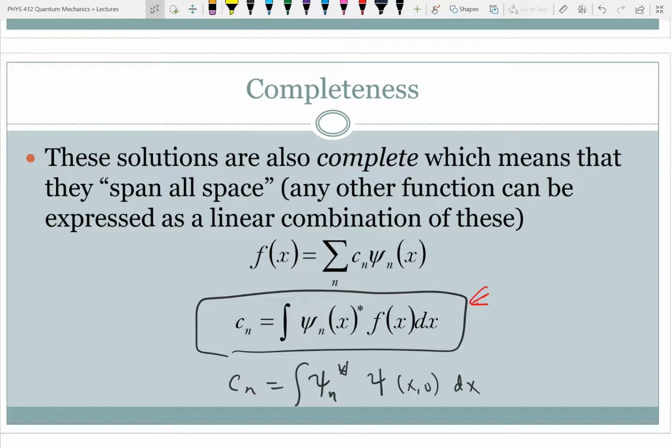Now we normalize each one of our steady states, but if we do the integral of our full psi star full psi dx over our entire space, which is just 0 to L, that has to equal 1. Now the whole thing has to be normalized, not just each of our individual steady states. Because of the orthogonality, because psi n is orthogonal to psi m unless n is equal to m, I'll just do it the long way.